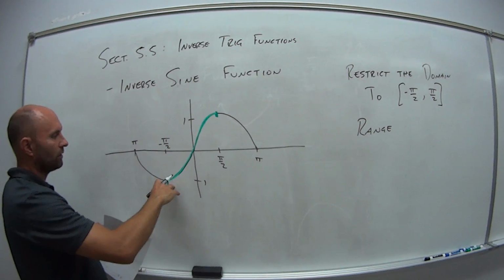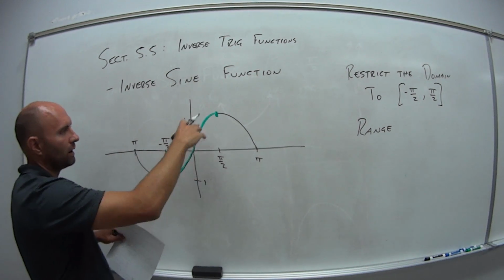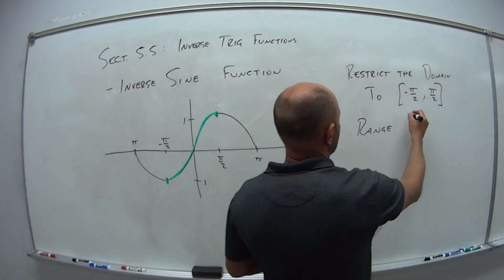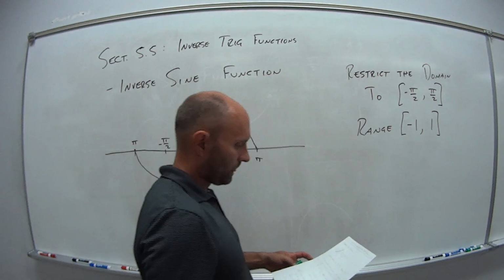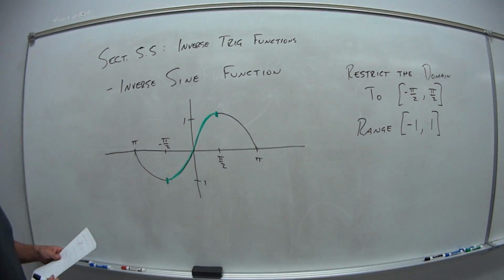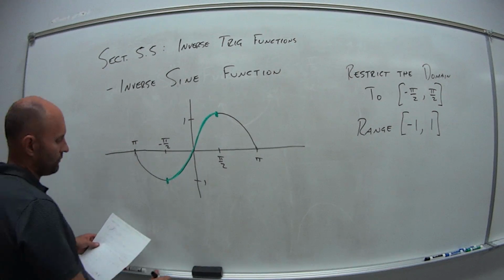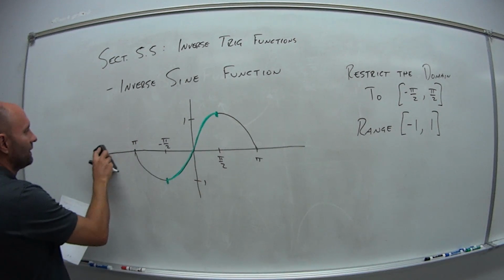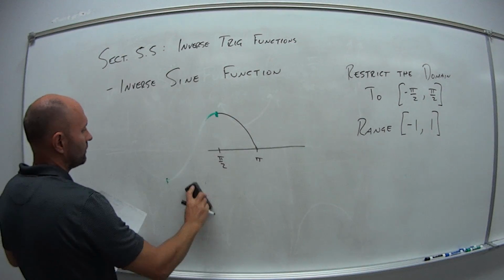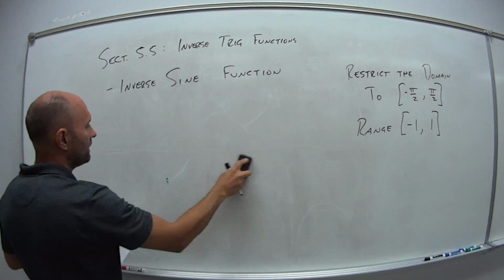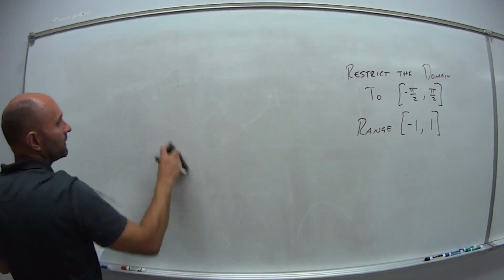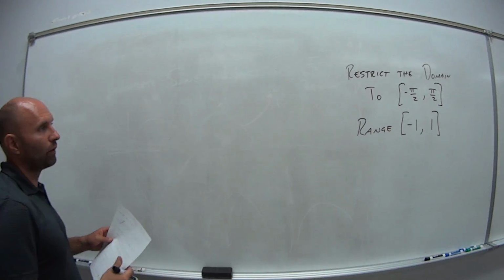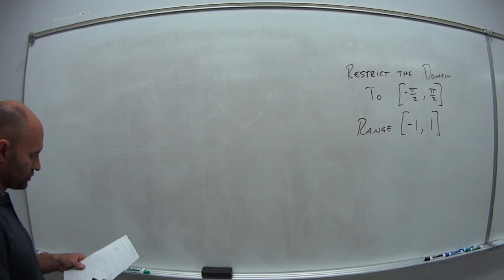It goes from negative 1 to positive 1. Those values in between. So let me give you a formal definition to start. I'll give you the revised version of what it is we're really looking at when we do this inverse sine function, based on this idea of where we're restricting the domain and range.